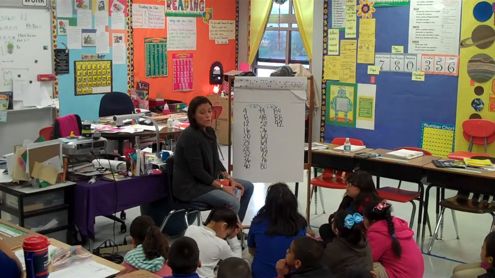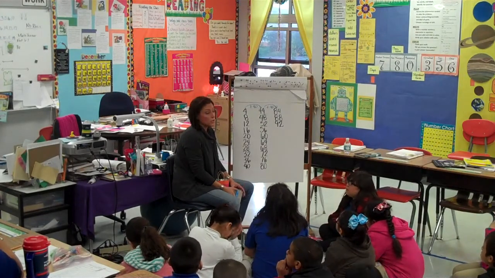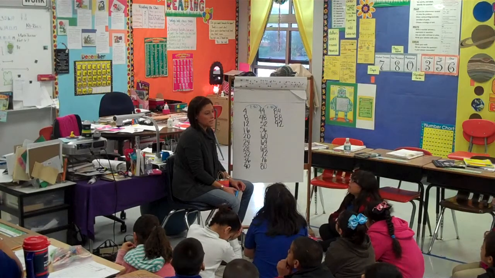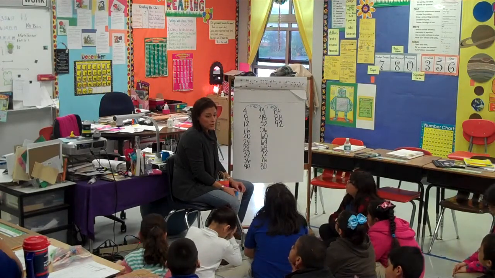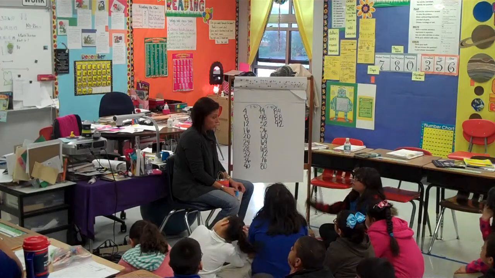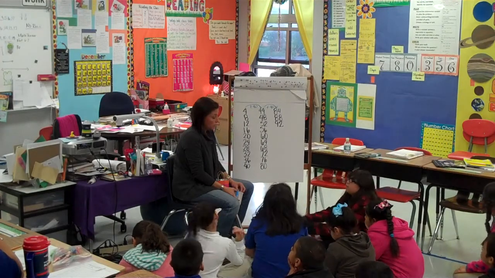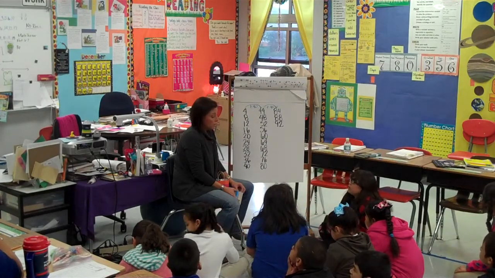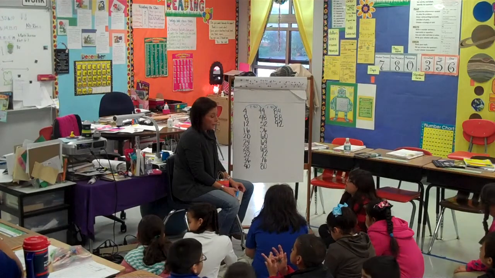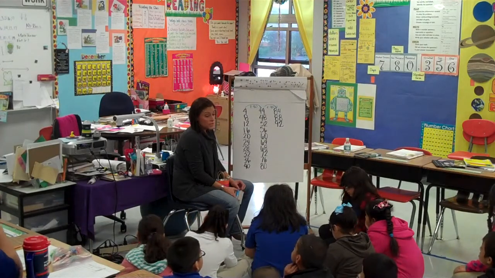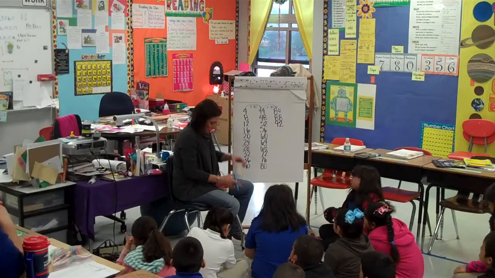Okay. So if we're counting by 2s, what kind of numbers are all of these numbers? They're all even numbers. So these are all multiples of 4.